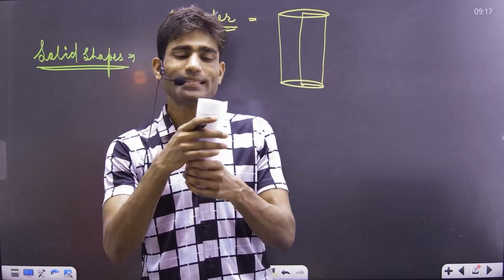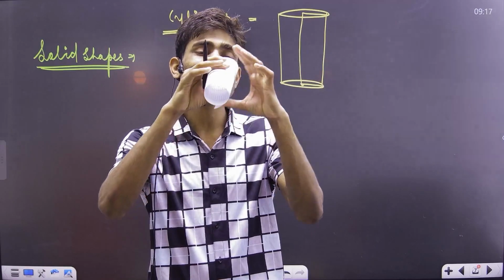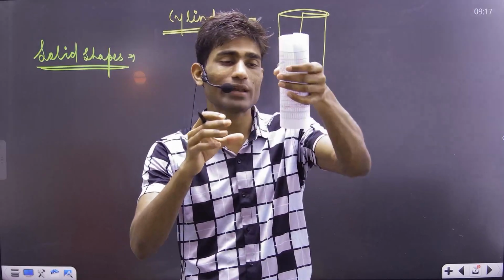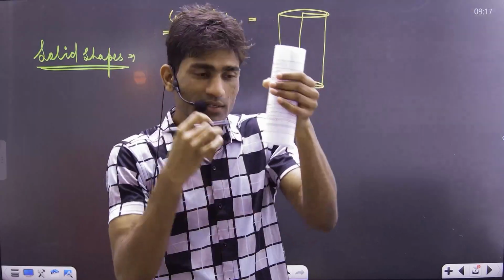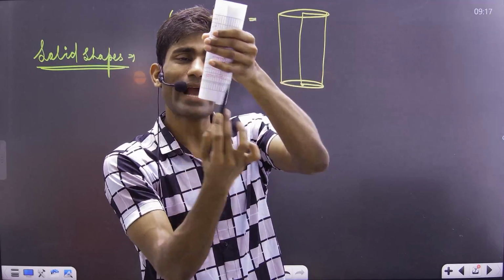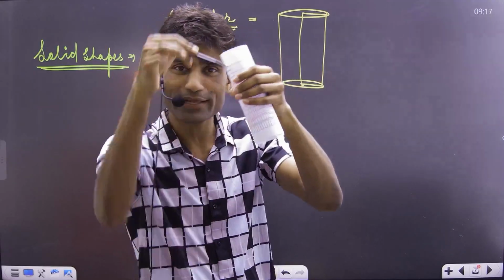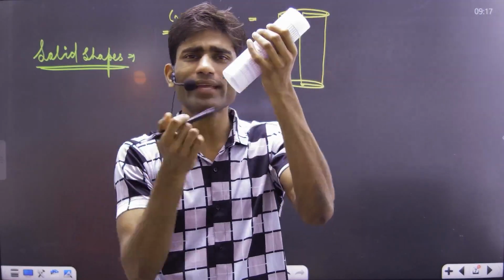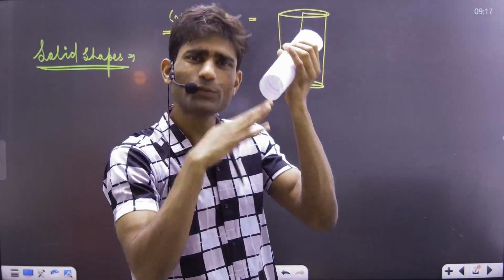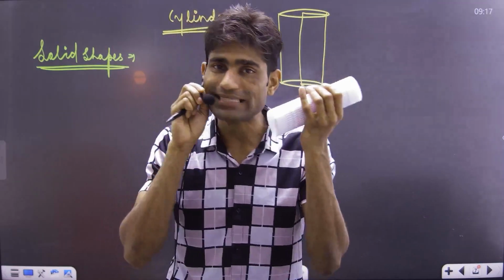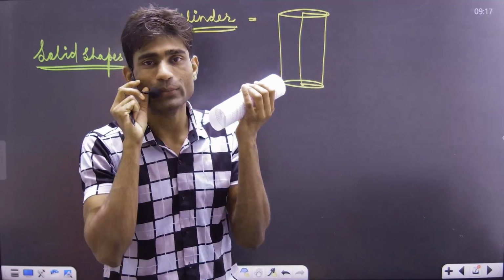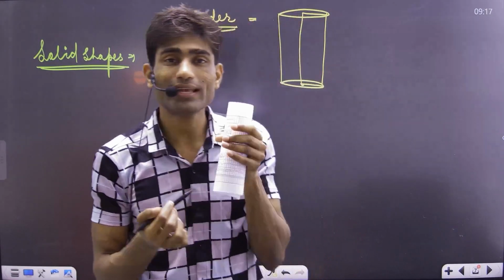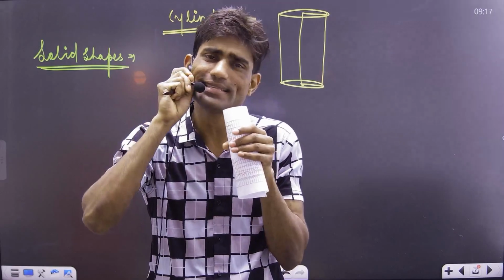Now see, I built one cylinder for you all. You can understand this looks like a cylindrical shape. All around here we have the curved surface area or lateral surface area on the outside. The inside part we call the volume, that means how much space we have inside that cylinder. That is how much water we can pour inside that cylinder.